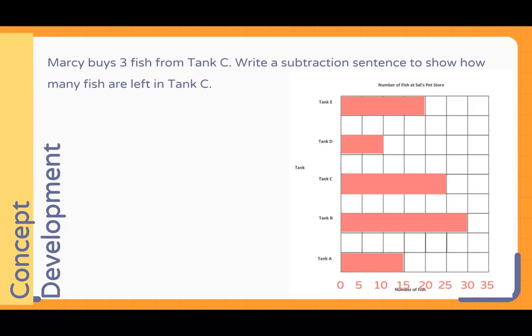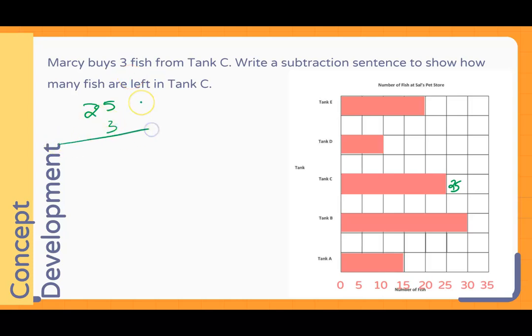Marcy buys 3 fish from tank C. Write a subtraction sentence to show how many fish are left in tank C. So C has 25. She buys 3.